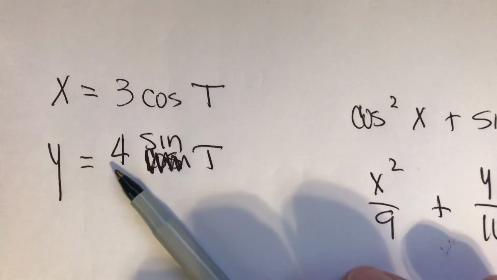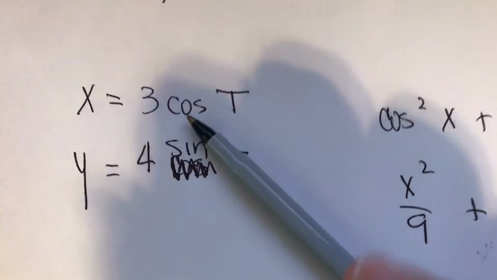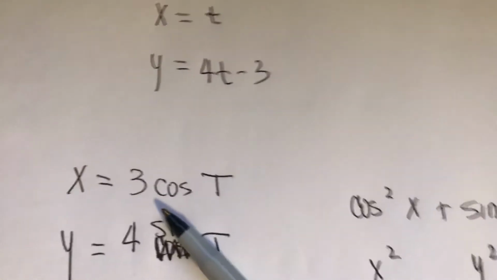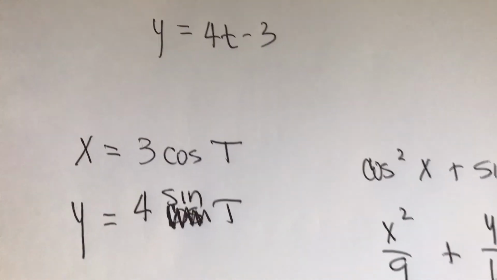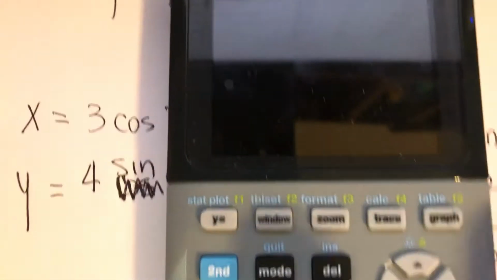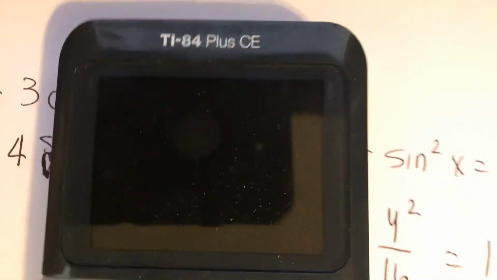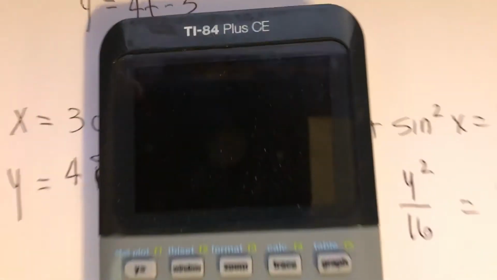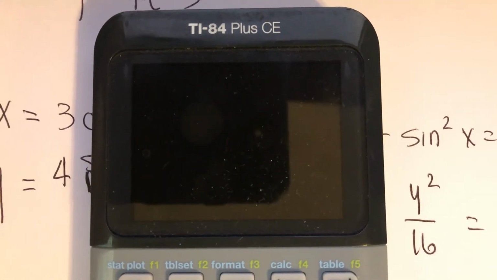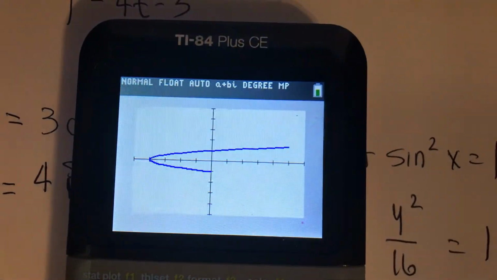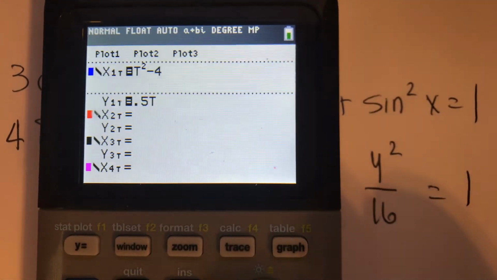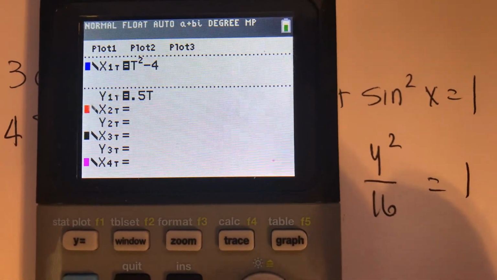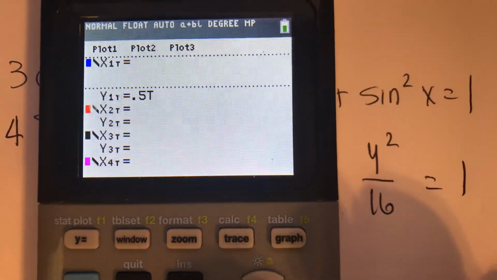Now if you want to graph this on your calculator, you will need to do it the following way. First of all, you need to make sure I'm going to clear out my equations here.